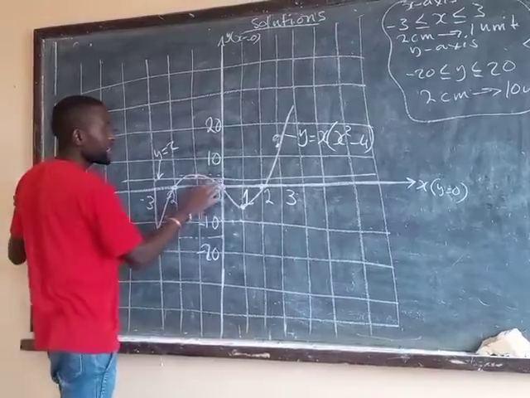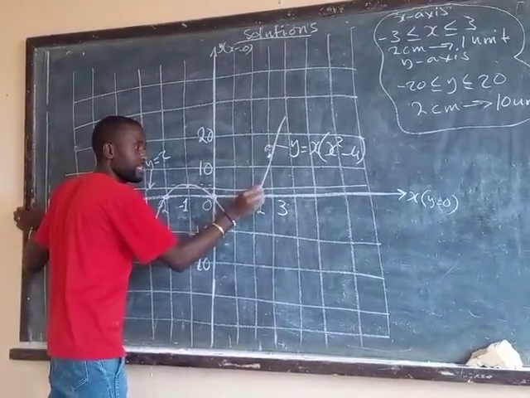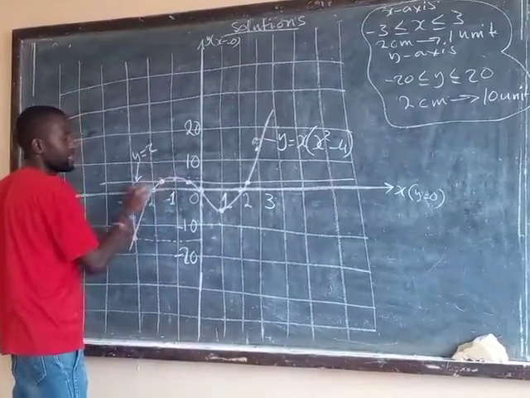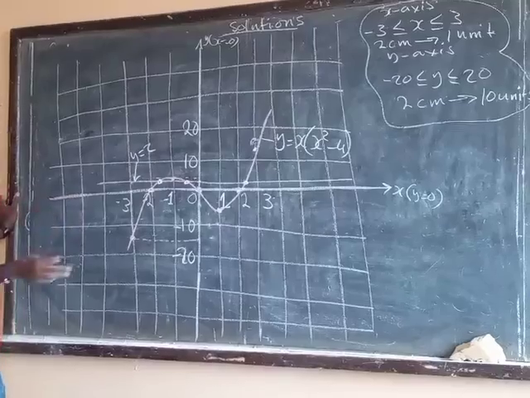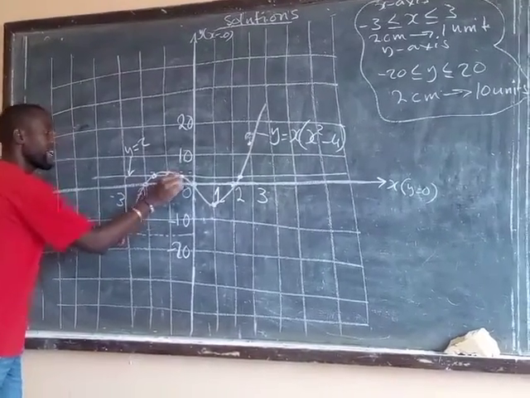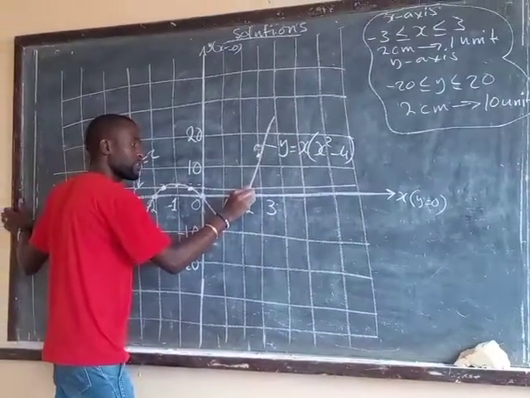Henceforth, this same line we have drawn is also cutting the curve. It is cutting the curve here, it's also cutting the curve there, and it's also cutting the curve here. So it is cutting the curve on 3 points. If it's cutting the curve on 3 points, it means that there will be 3 values of x. So what will be the value for x here? It will come down here.